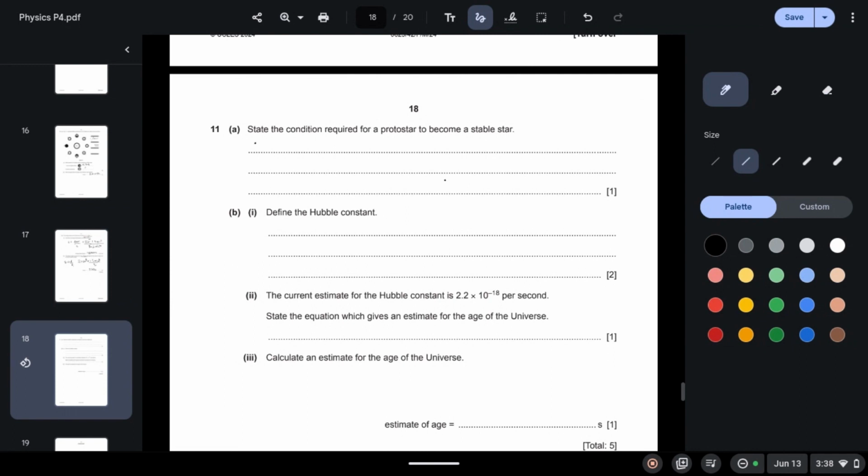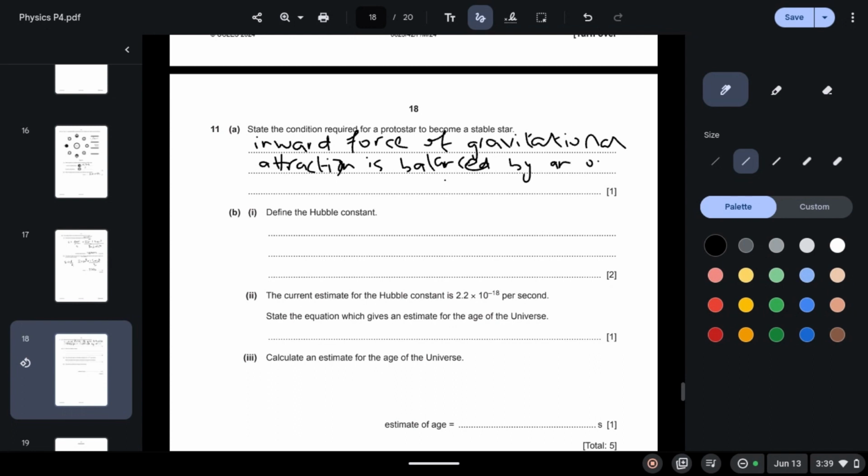So this happens when the inward force of attraction is balanced by an outward force due to high temperature.